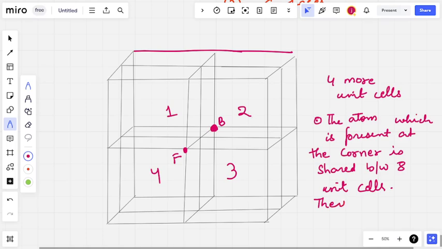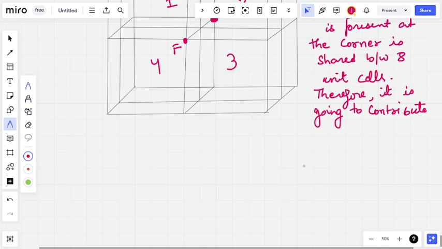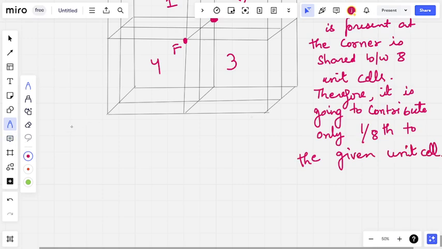Therefore, it is going to contribute only 1/8 to the given unit cell. Right?